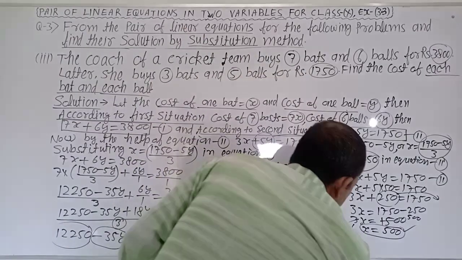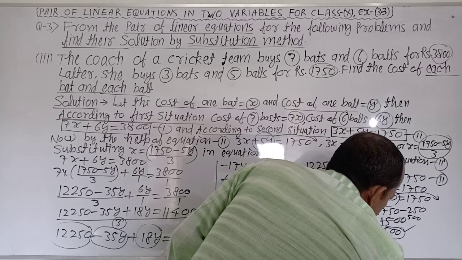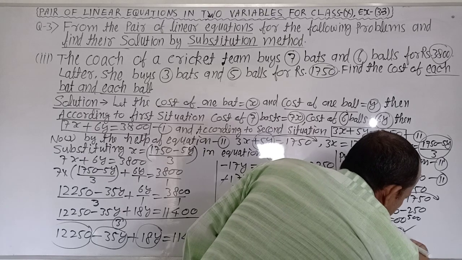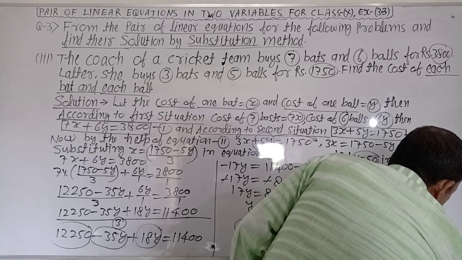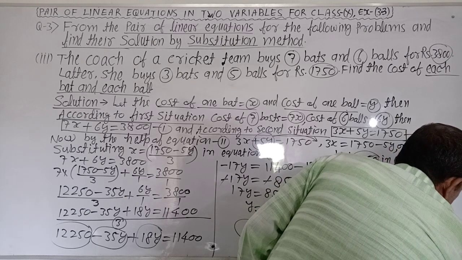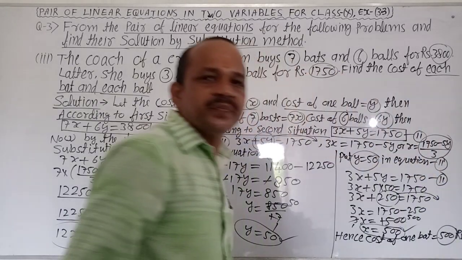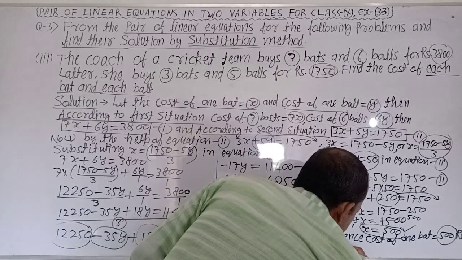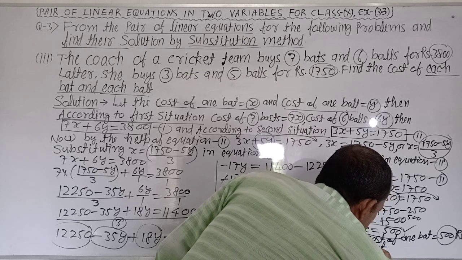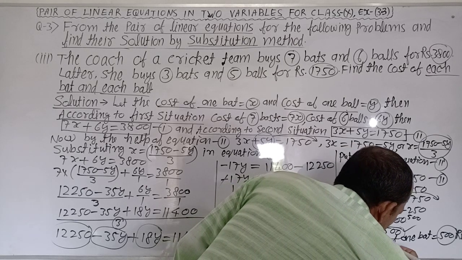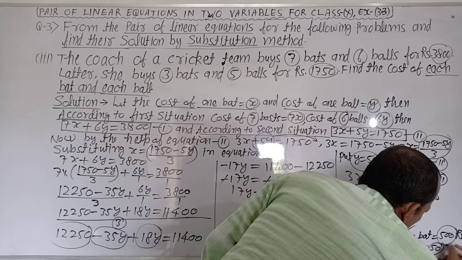Hence the cost of 1 byte equal to 500 rupees and the cost of 1 ball equal to 50 rupees.